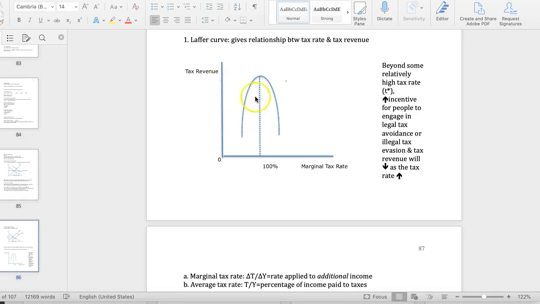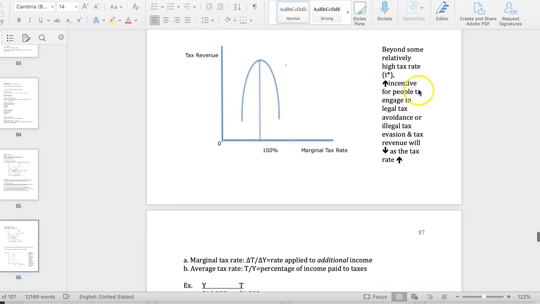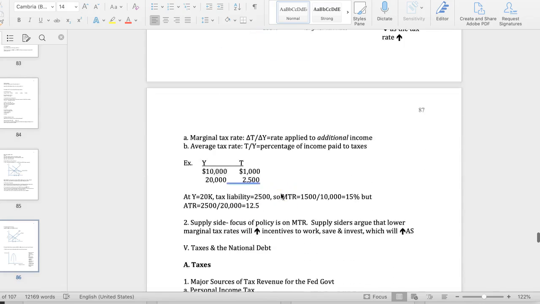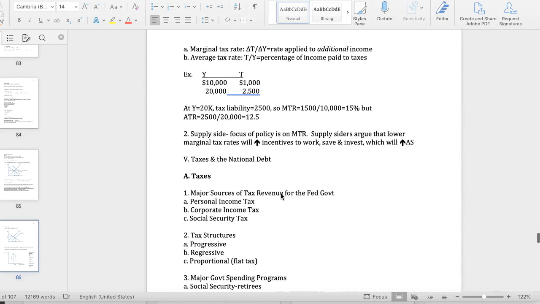The reason for this is that it increases the incentive for people to engage in legal tax avoidance or illegal tax evasion. And the tax revenue will fall as the tax rate goes up. So this is a cautionary tale to governments that you cannot overtax the people, because eventually your tax revenues will fall.